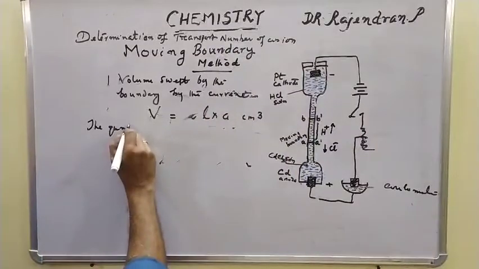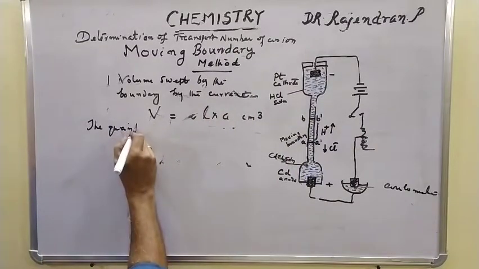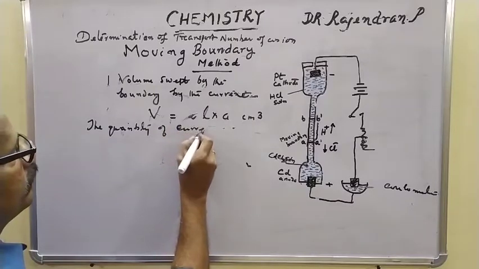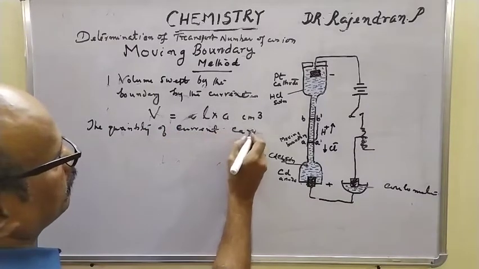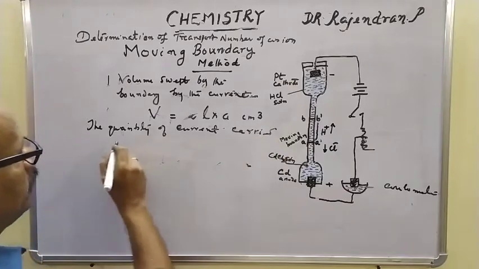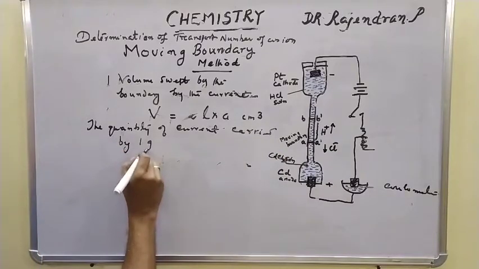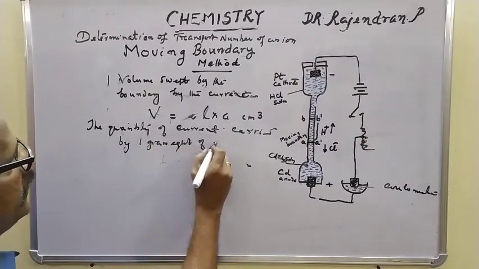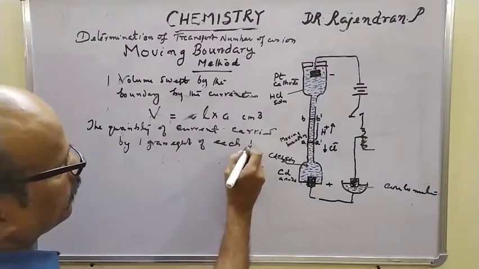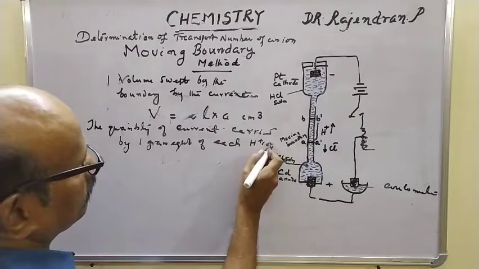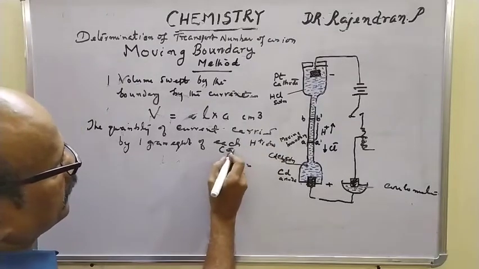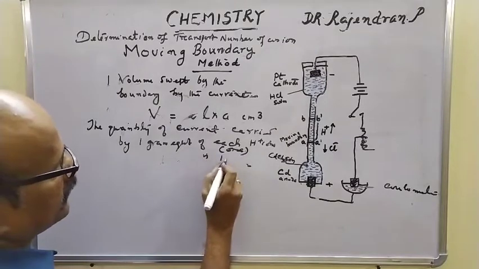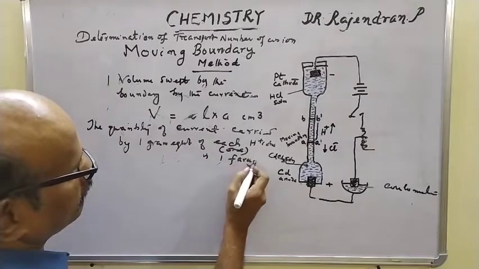Therefore, the quantity of current carried by 1 gram equivalent of H plus ion is 1 Faraday.